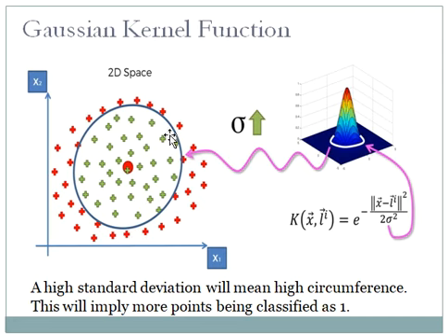And this means more points will be classified as 1 or green, and fewer points will be classified as red or 0. And a lower standard deviation will mean that the circumference of my Gaussian curve is small, and hence fewer points will be classified as green and more points will be classified as red.